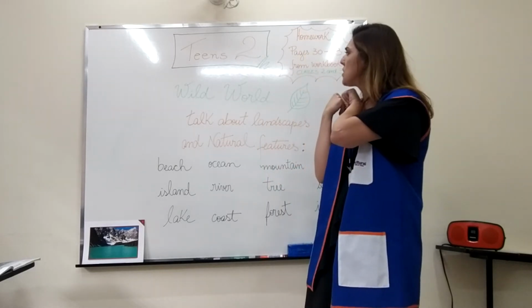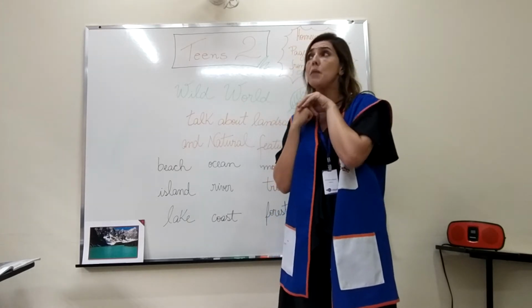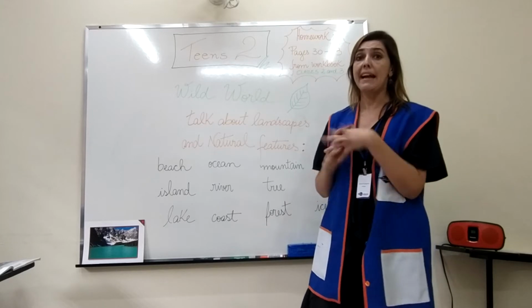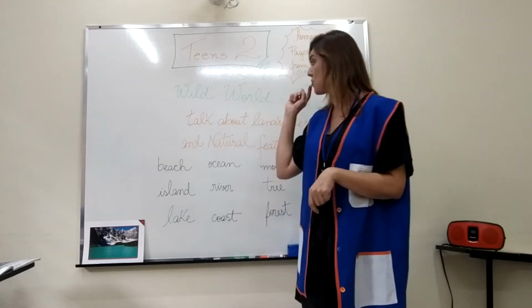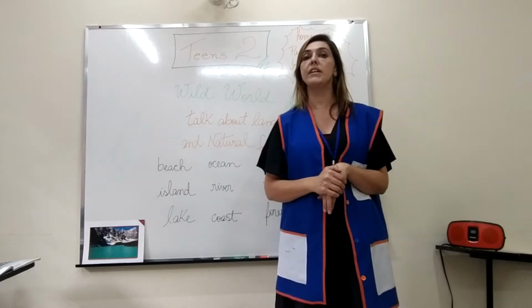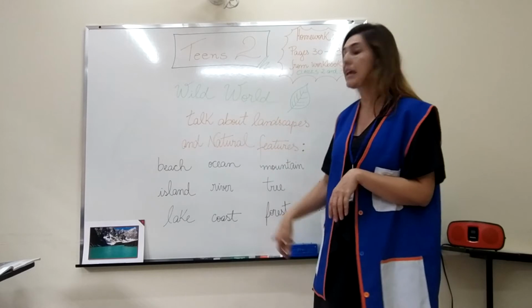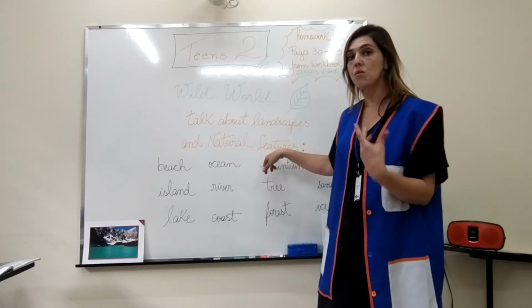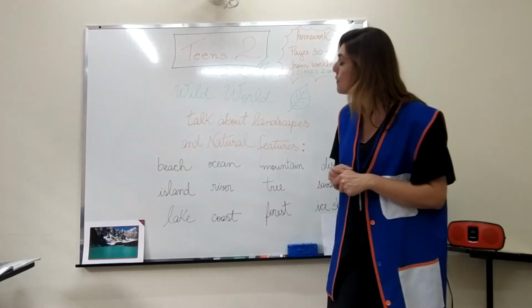Okay guys, wild world. When I speak of wild world, what comes to your minds? Do you think of animals? Do you think of nature? Yes, that's correct. When you talk about it, we talk about landscapes and natural features. We are also going to talk about animals and wildlife.